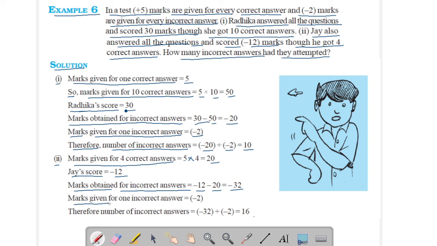The marks given for one incorrect answer equal to minus 2. Therefore, number of incorrect answers equal to minus 32 divided by minus 2 equal to 16. This is the answer for second part.